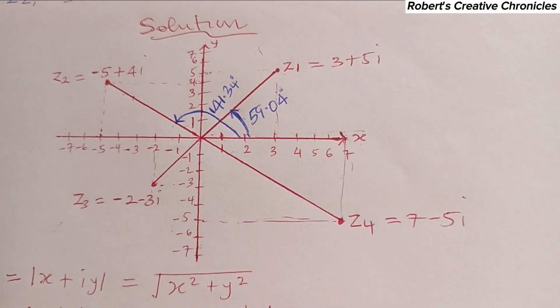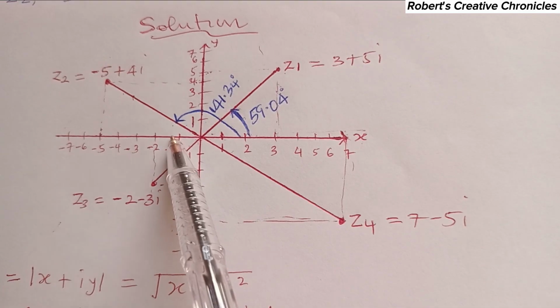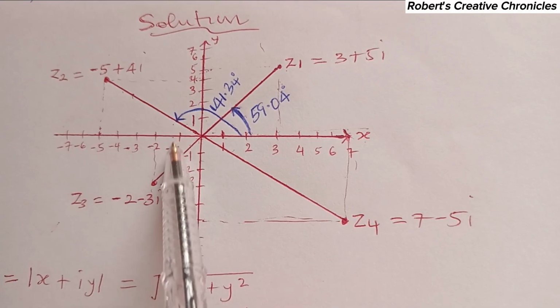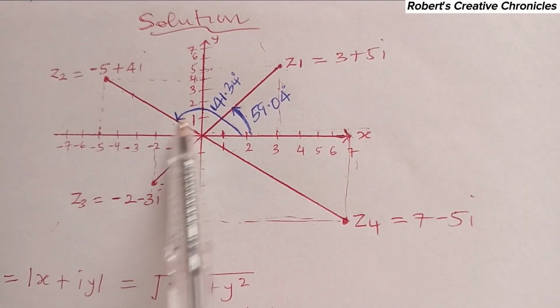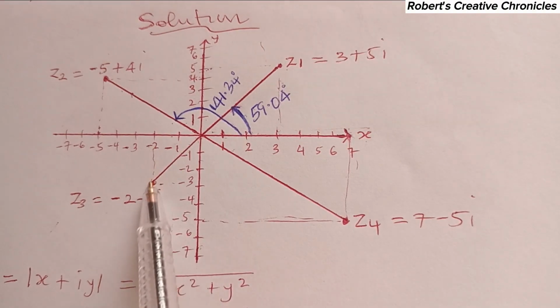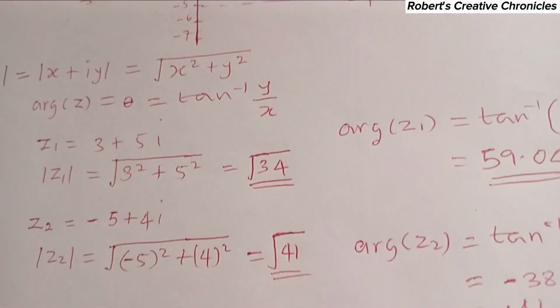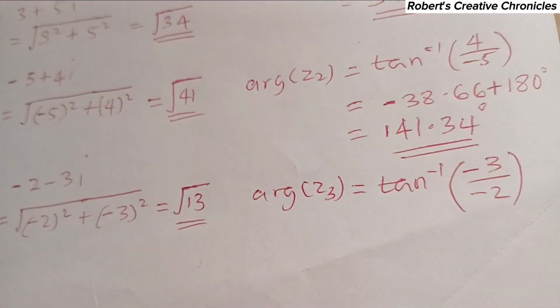So we have to add 180 to it. This is the angle that was found from the calculation, here it is 56.31. So we will add 180 to it to find the actual angle from the positive real axis.